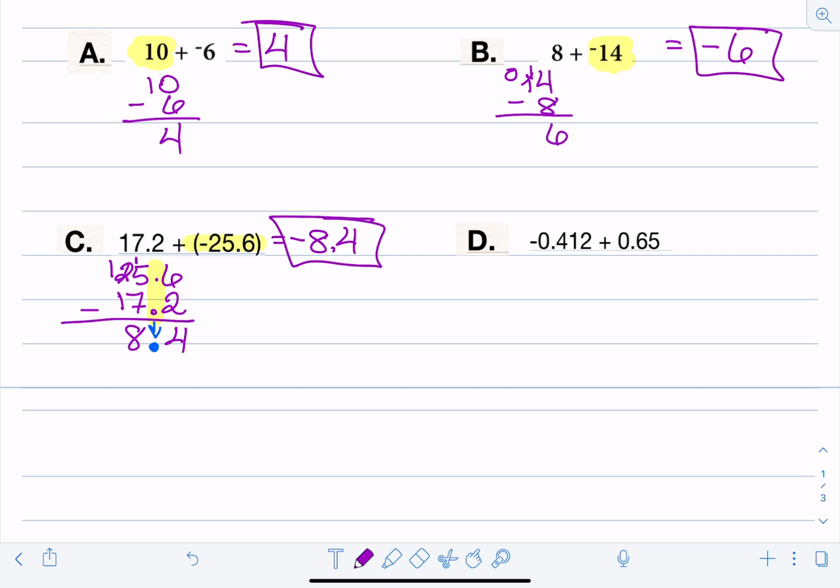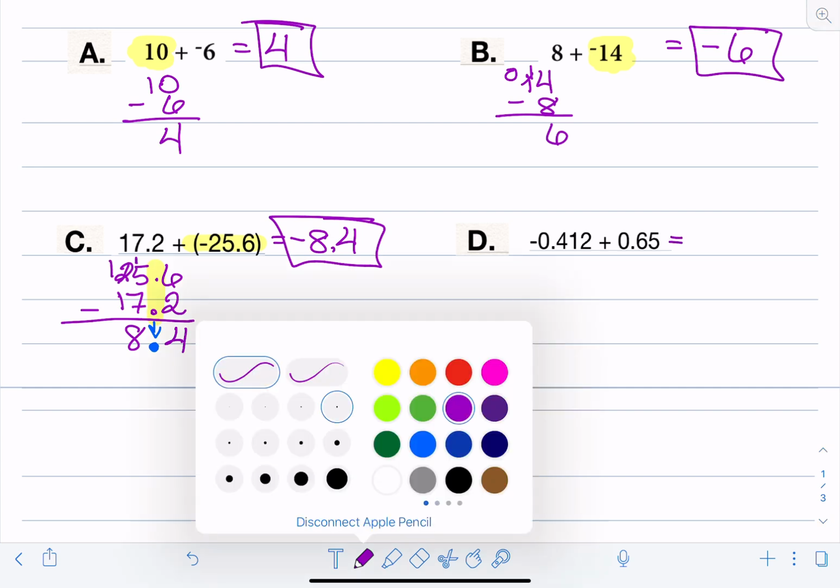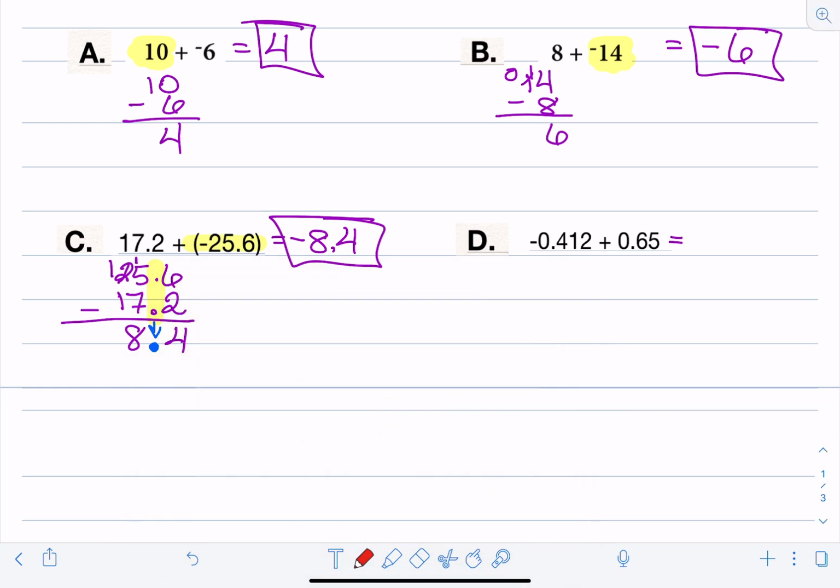Okay. And last but not least, we have D, negative 0.412 plus 0.65. So once again, we have to determine which number is bigger. So in this case, with decimals, you want to go from the 0 out and see which one has the bigger number.